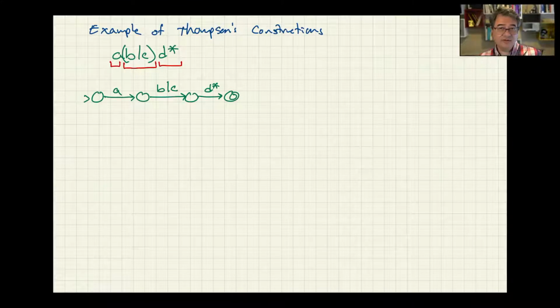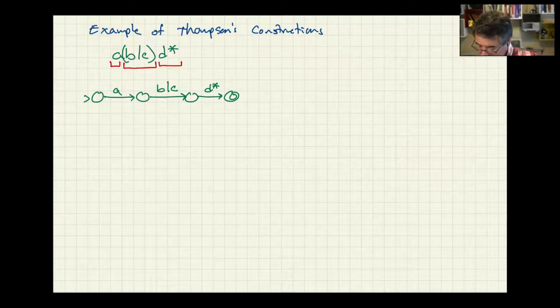Okay, so I haven't worried about breaking apart individual pieces. I'm going to do that next. But I'm just going to look and see I've got a sequence of three things. I'm just going to write them out: A, and then B or C, and then the D star. Now we're going to start breaking apart the individual pieces.